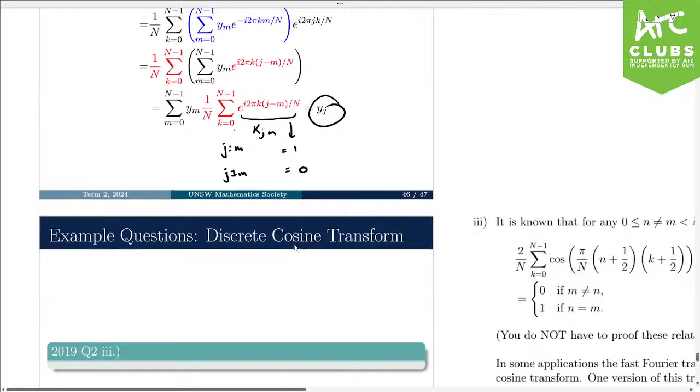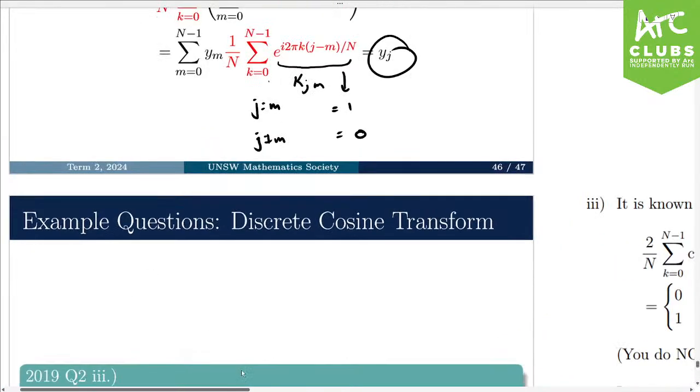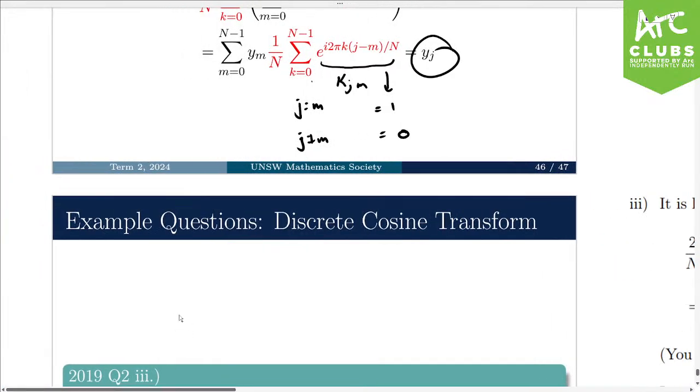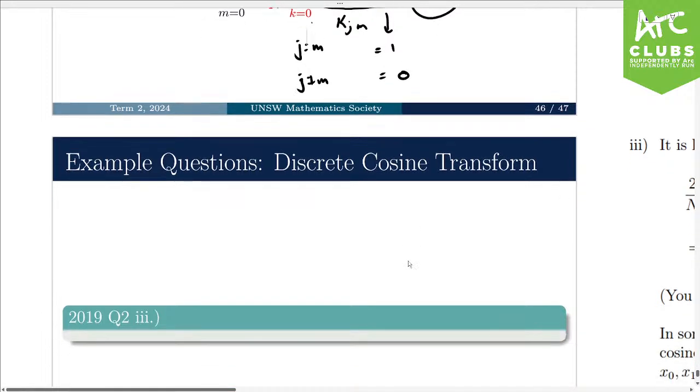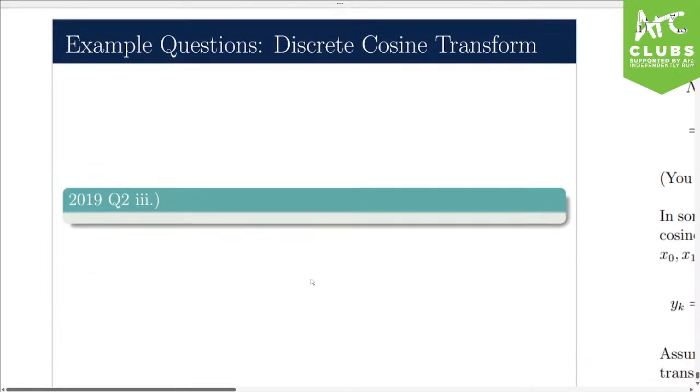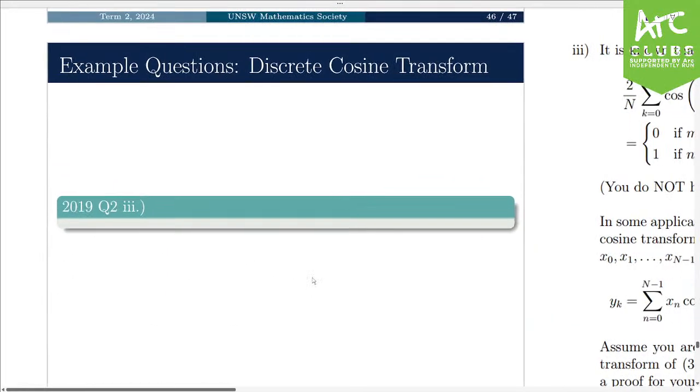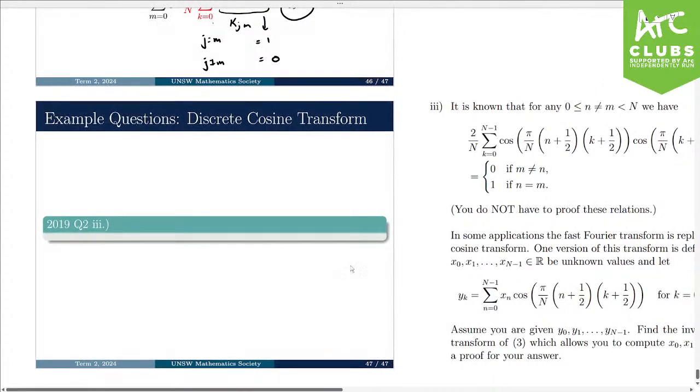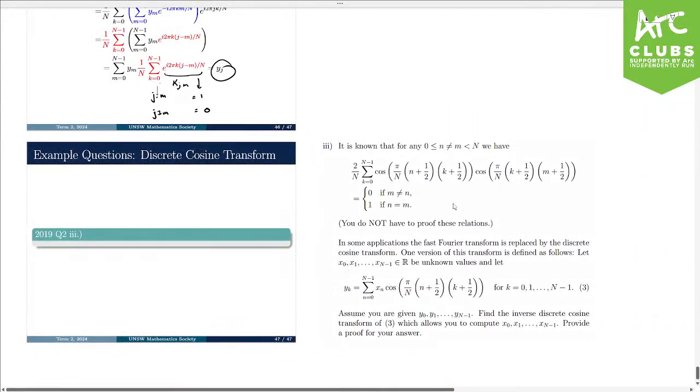And the final example we will do is the discrete cosine transform. So this is not a question. So this transform I don't think has been taught in the course, but in both the 2019 and the 2017 papers, I think this exact same question came up.